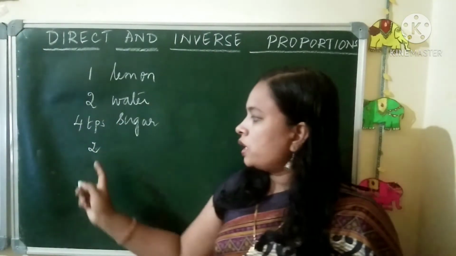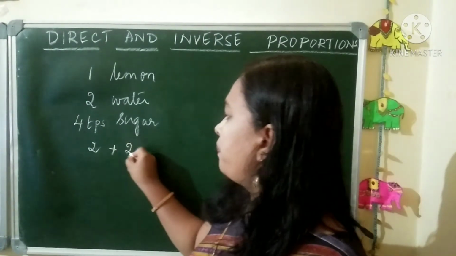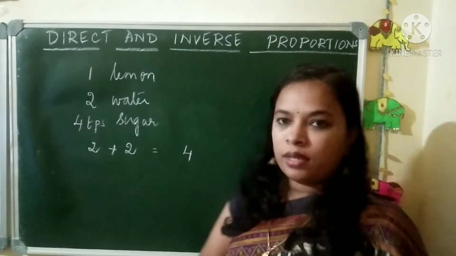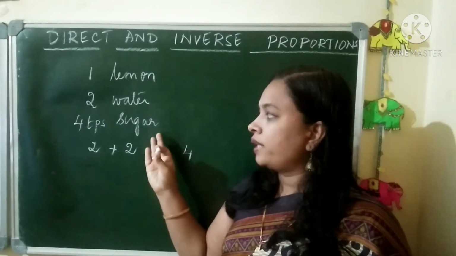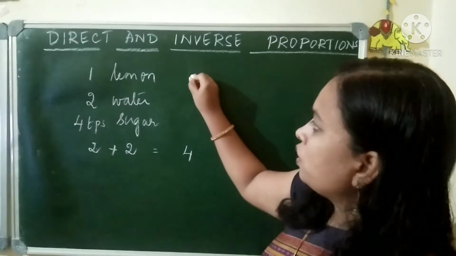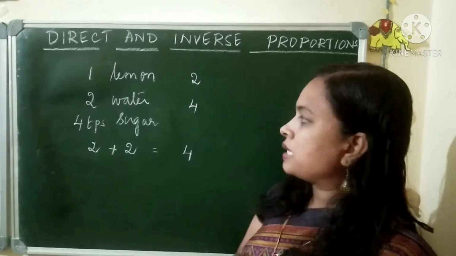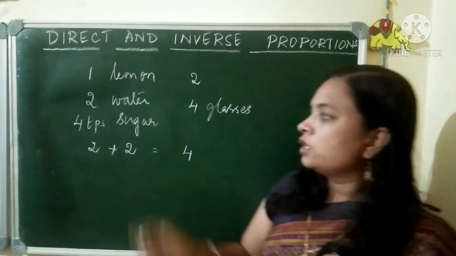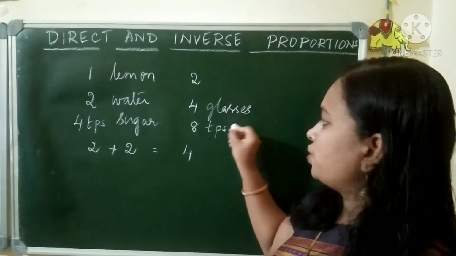Now instead of two people, if two more people join, so totally you have 4 people, then the lemon also you have to increase, water quantity also you should increase, and the sugar also you should increase. So instead of one lemon, you may have to add 2 lemons, then 4 glasses of water, and sugar double of it, 8 tablespoons.